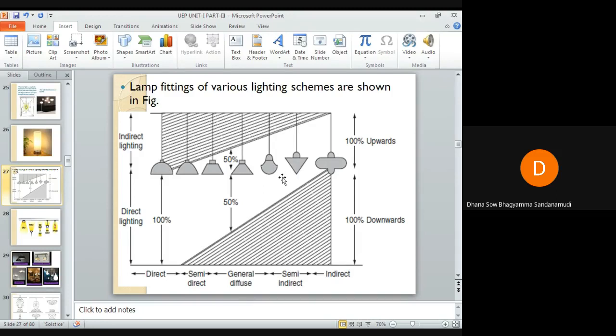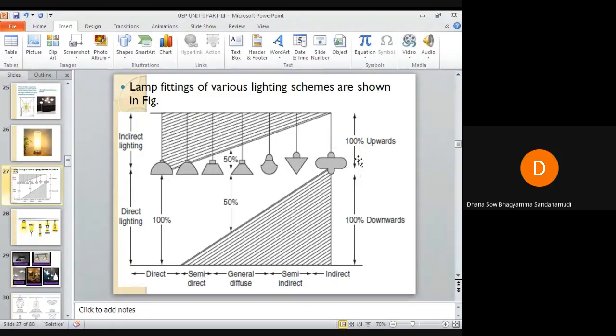Semi-indirect means only 40% to 10% will travel towards the surface, and the remaining 60% to 90% will travel towards the ceiling. Just for clarity, let us consider it as 60% towards the ceiling and 40% towards the surface. These parallel dark lines represent the dark area, and this blank space represents the brighter area.